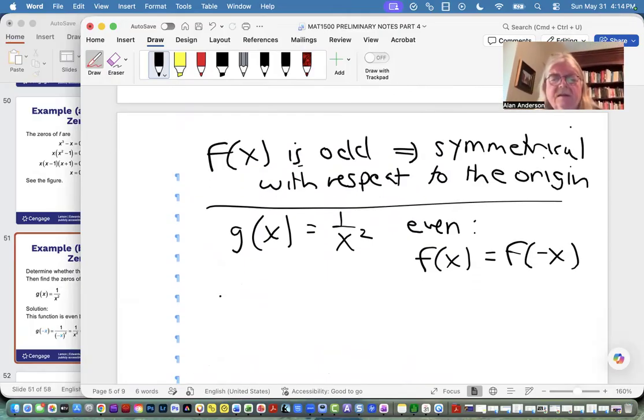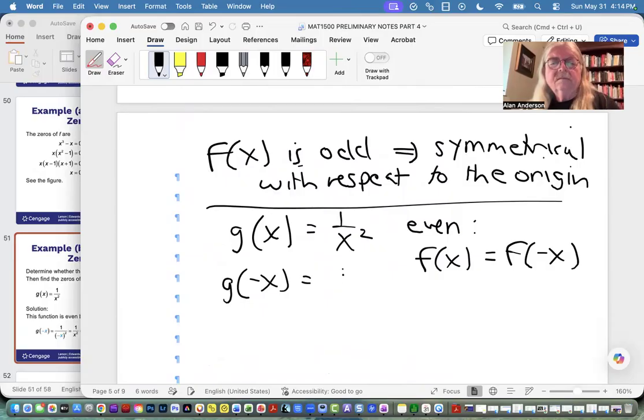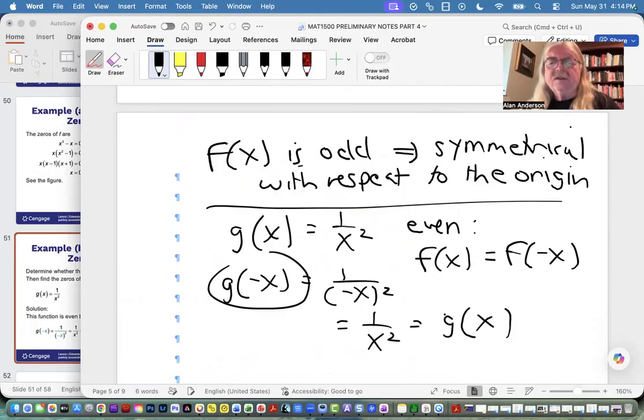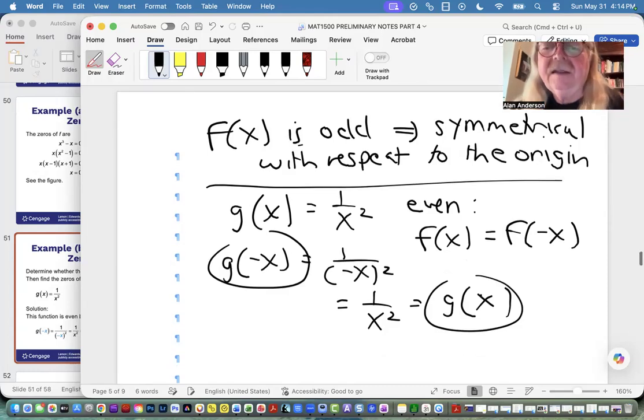So let's prove it. And so these are equal to each other, and we're all set.